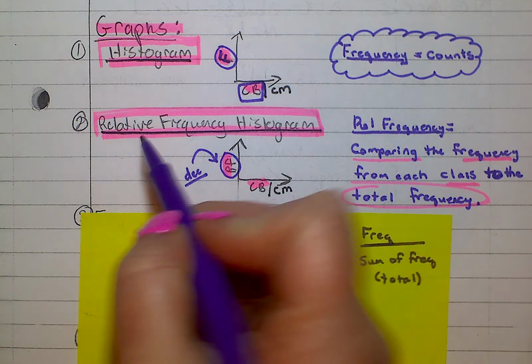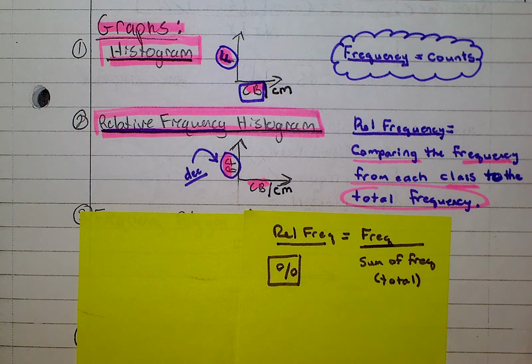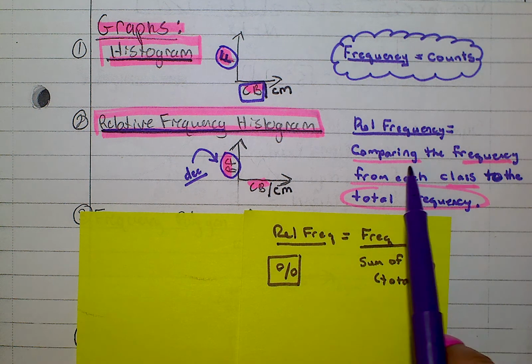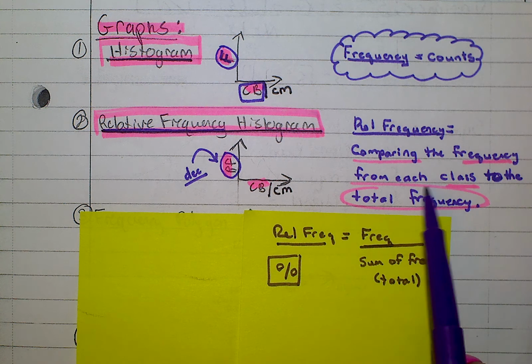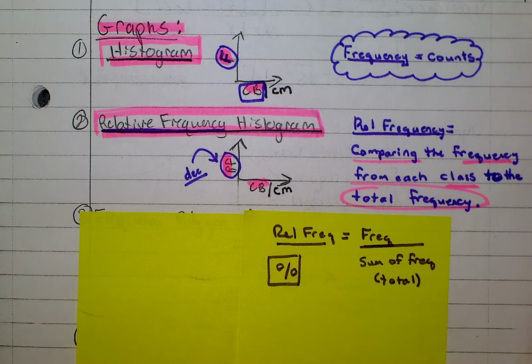Now, we're going to focus on relative frequency histogram. Now, going back to the definition that we just read about relative frequency, you are going to compare the frequency from each class to the total frequency. This is going to give you a percentage of how much of that data is within that bar.